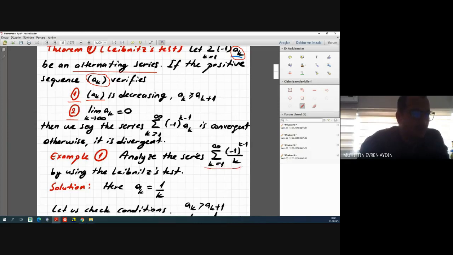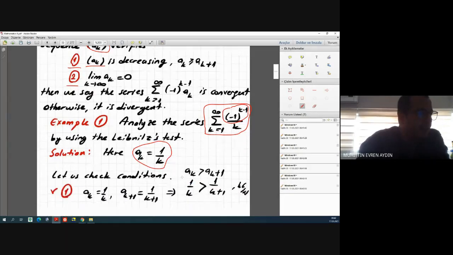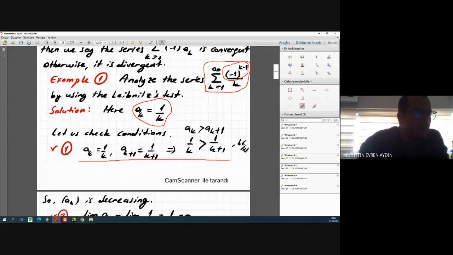Let's investigate an example. This is an alternating series, and the positive part is 1 over k. Clearly this part is decreasing, and you can see from this line that for any k belonging to the natural numbers, you have this inequality.